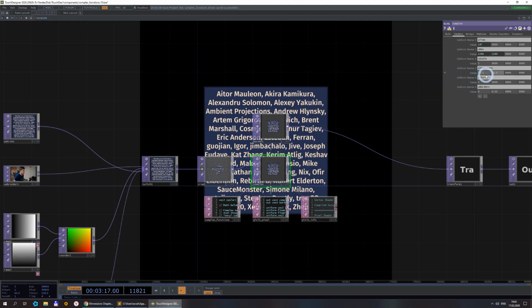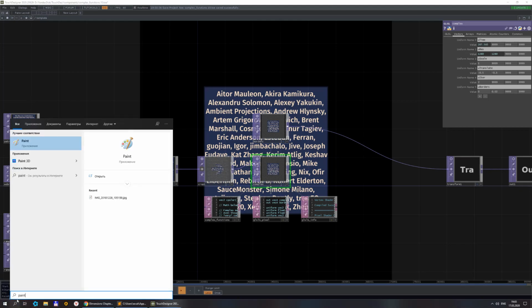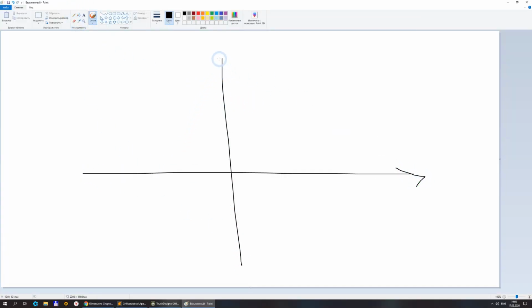But usually the people who work with conformal mappings, they start from, like in our imaginary two-dimensional plane, they usually prefer to start here, not here.